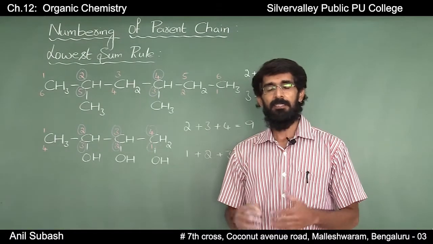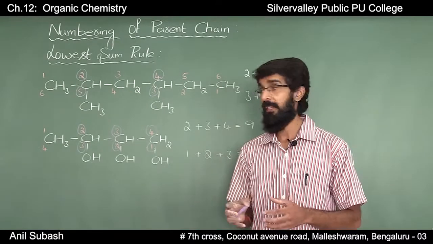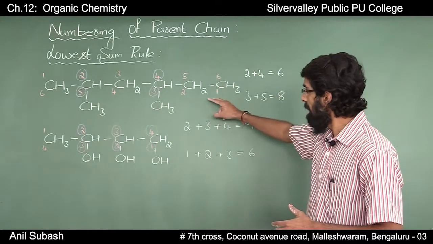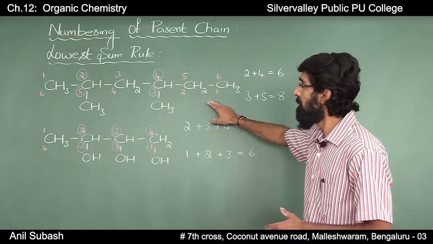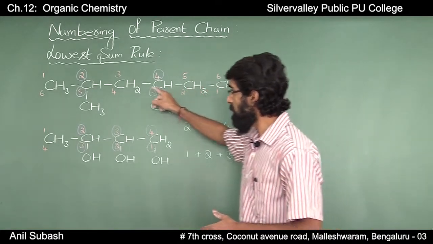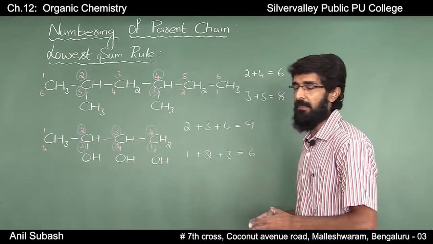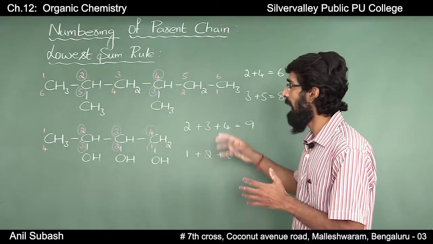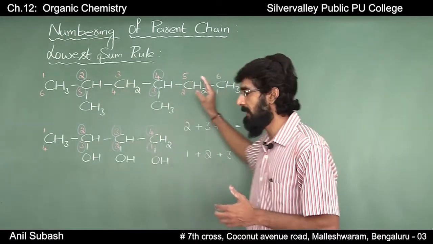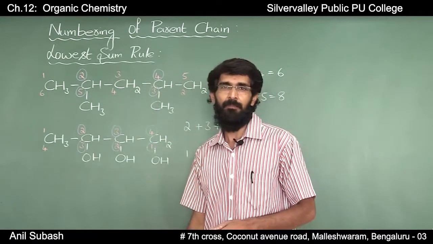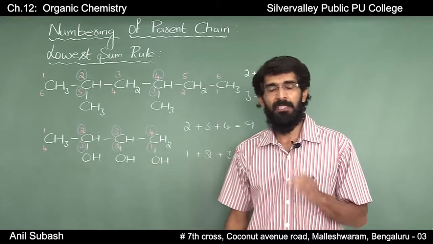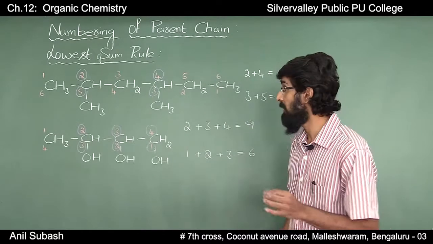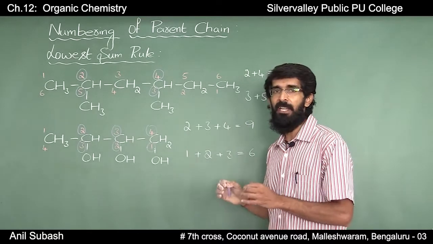Let us consider certain examples to understand the lowest sum rule. We will take this example where the parent chain contains 6 carbon atoms. While numbering this, I can number either from the left hand side or from the right hand side. There are two possible ways of numbering this compound. But which is the correct way of numbering?